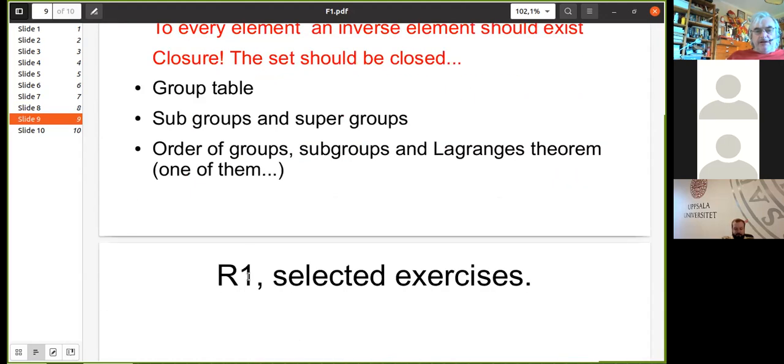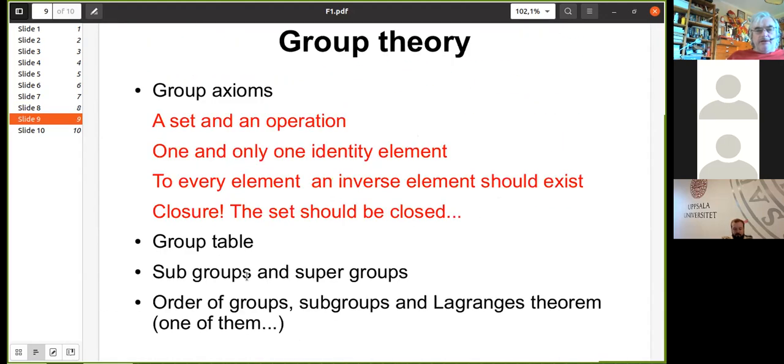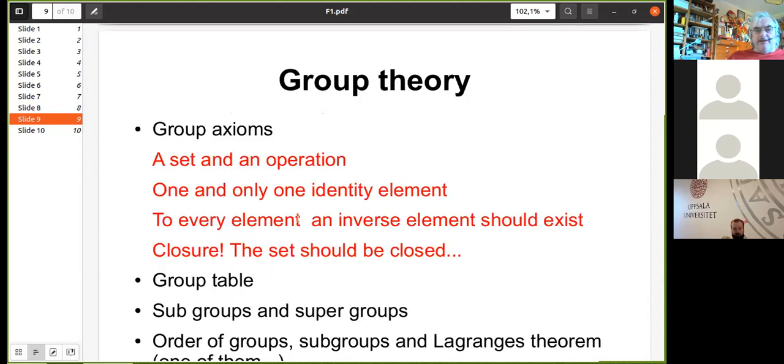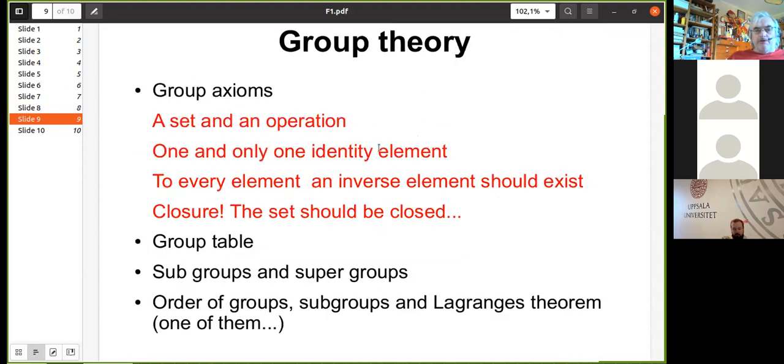And finally, the final slide here deals with something called group theory. A mathematical group is some kind of structure and relations between objects. Why should you study group theory a little bit at least?